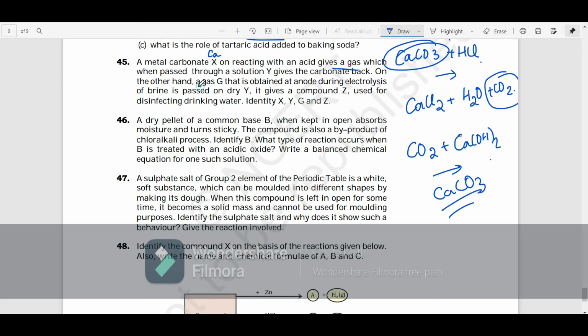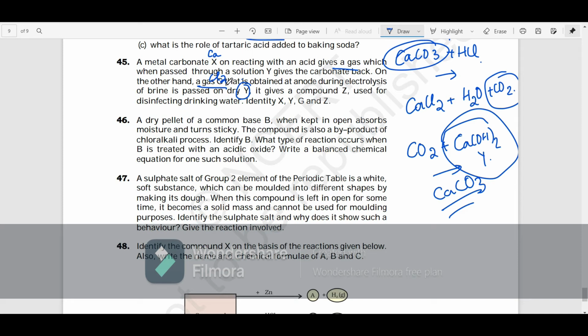Now gas G. On the other hand, gas G is obtained at the anode during electrolysis. So what is obtained during electrolysis? Chlorine gas, that is obtained during electrolysis of brine, when passed on dry Y. See, what is Y? Y on electrolyzing only, you will get Cl2.